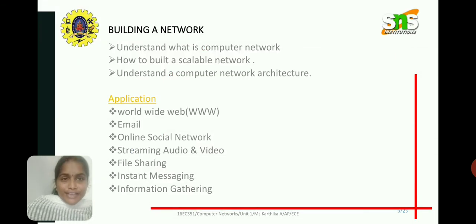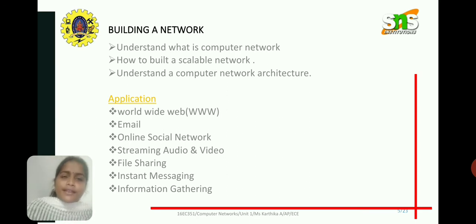First of all, we are going to identify building a network and why we build a network. We will understand what a computer network is, how to build a scalable network, the computer network architecture, what components are present in computer networks, and where they are used in real time.